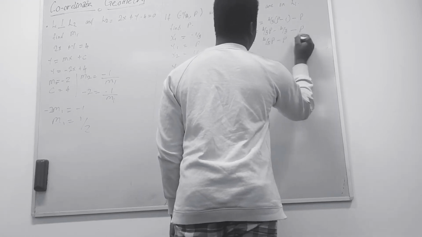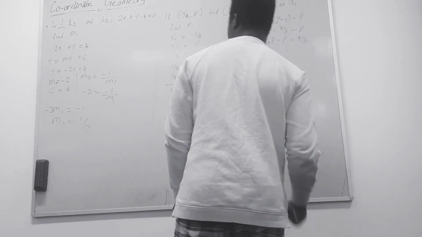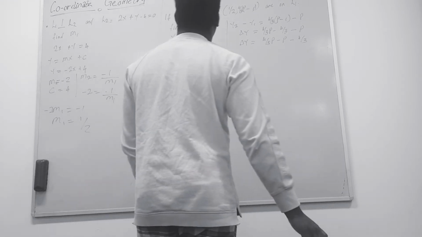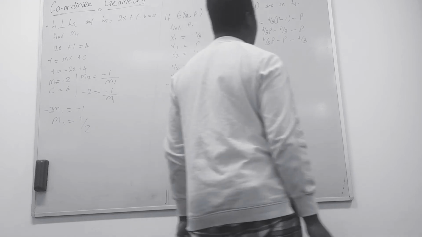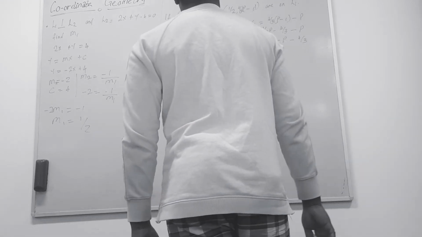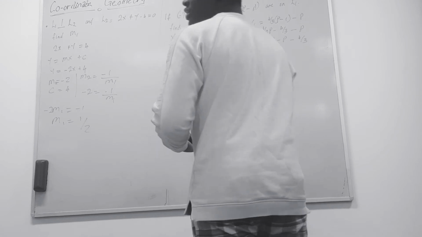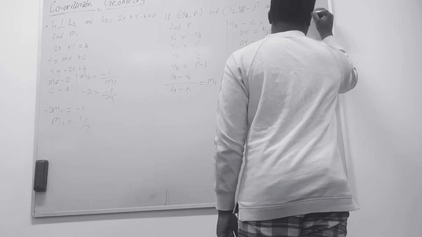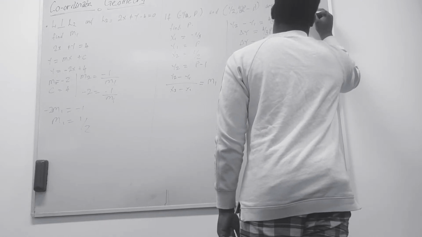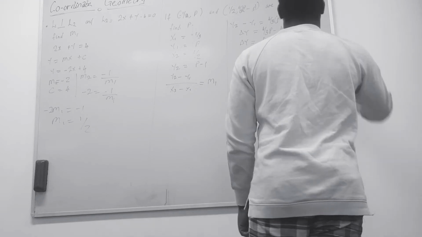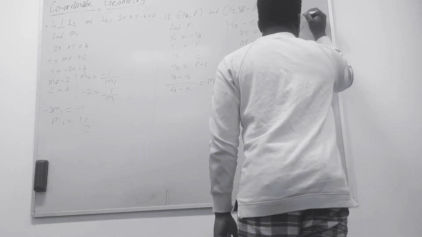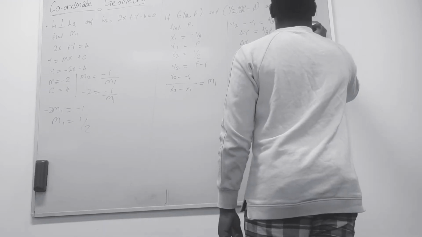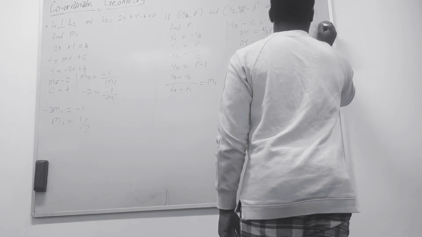P minus 4 divided by 3. You know what? Let's even make P more composite, I guess. Let's say it's 3P minus 2. Yeah, 3P minus 2.